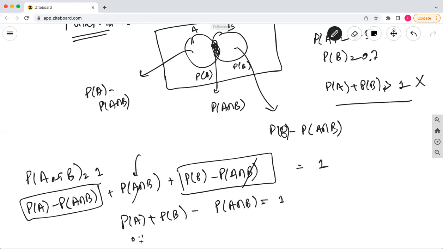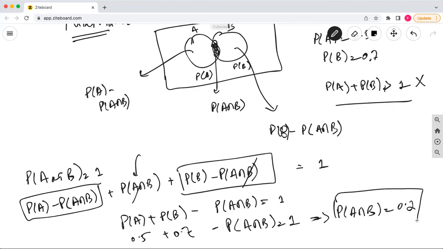So this will be 0.5 plus 0.7 minus probability of A and B is equal to 1. So this implies that probability of A and B is equal to 0.2, right? So there has to be minimum probability of 0.2 so that the overall probability sum can't exceed 1.